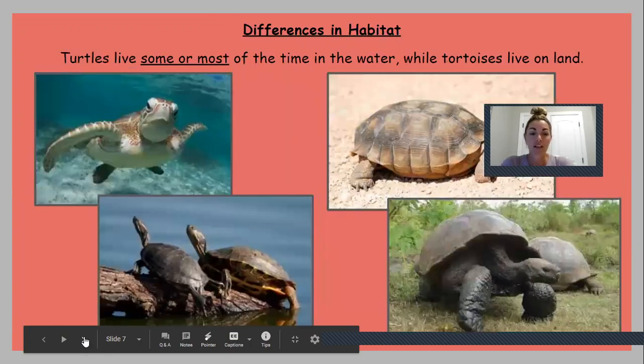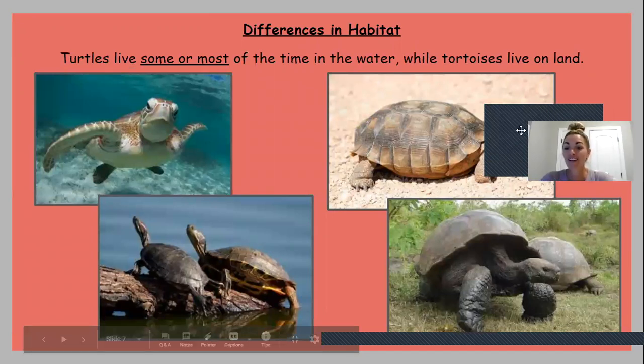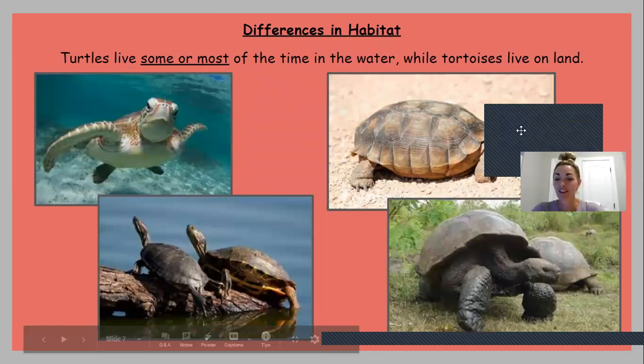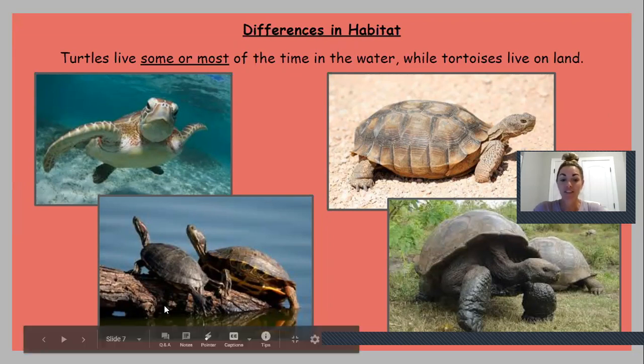Turtles live some or most of the time in the water, while tortoises live on land. So again, you can see the more rounded shells on some of them that are bigger, and some of the smoother ones on the smaller ones.